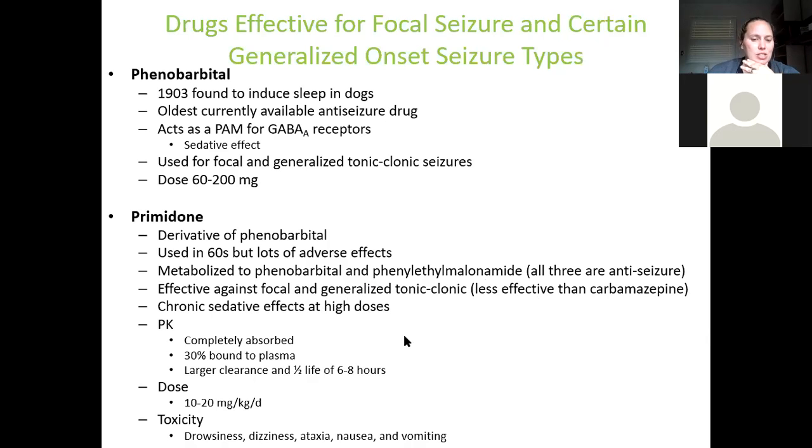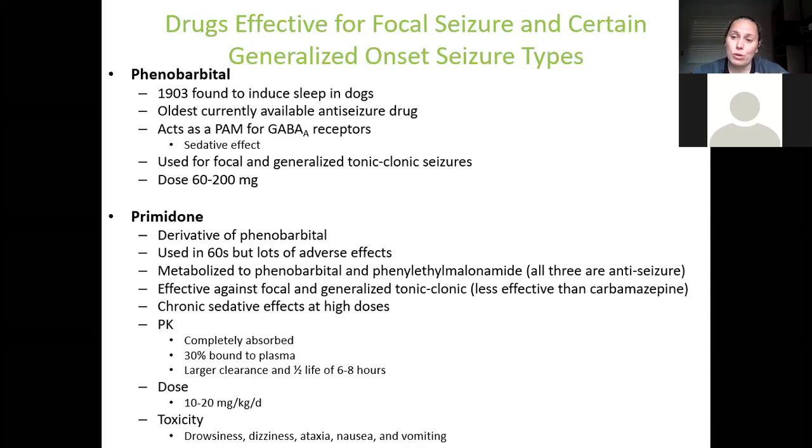Again, that's something we've seen across some of these anti-seizure medications. And then you can see the general PK dosage range. Once you get to higher concentrations, the toxicity or side effects include drowsiness, dizziness, ataxia, nausea, and vomiting. So again, going through the laundry list of drugs for focal and generalized onset seizure types, these are more historical drugs that you might not utilize as frequently today, because of some of the adverse effects associated with them.